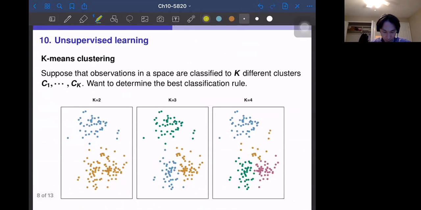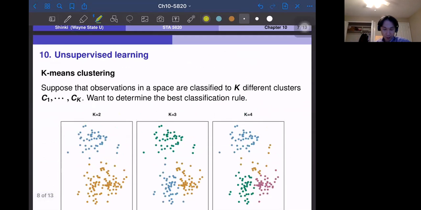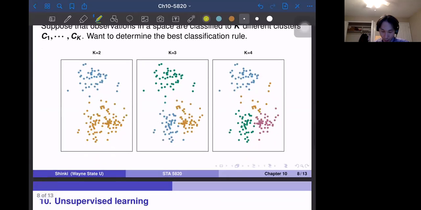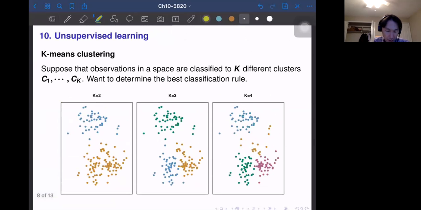Okay, so now the last one is clustering. We studied 2 methods. The one is k-means clustering. K-means clustering is, given k, we identify which observation belongs to which group. So k-means clustering means that k is given.